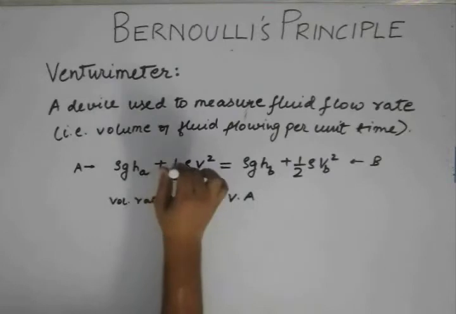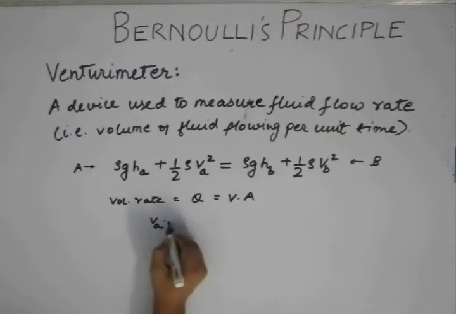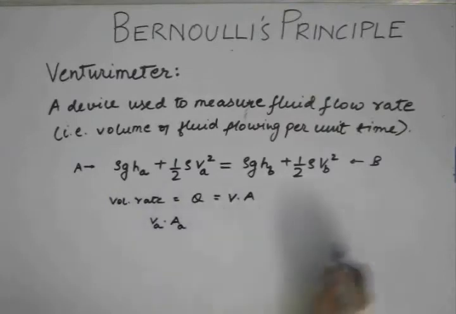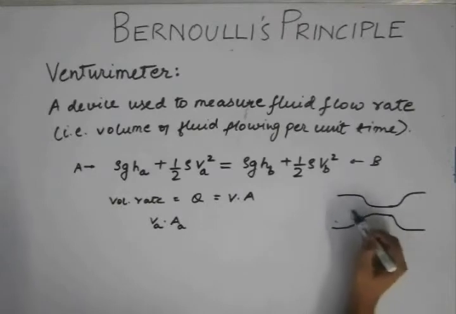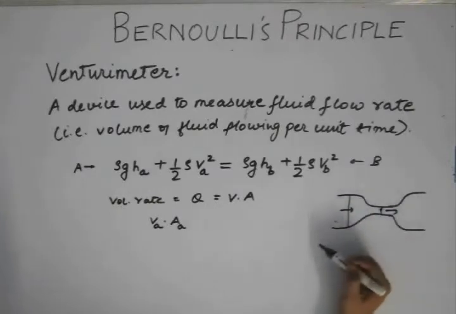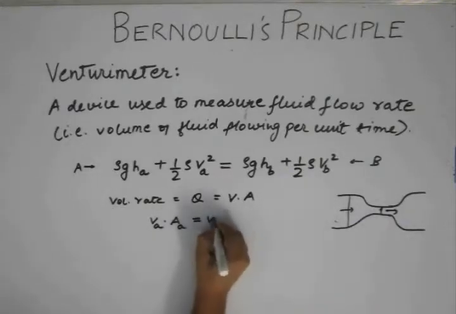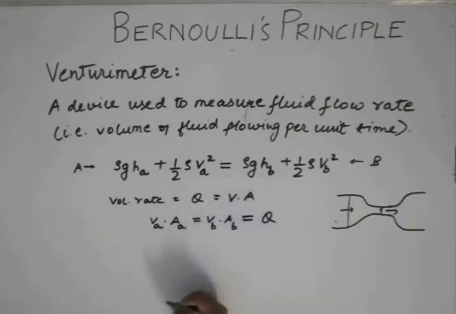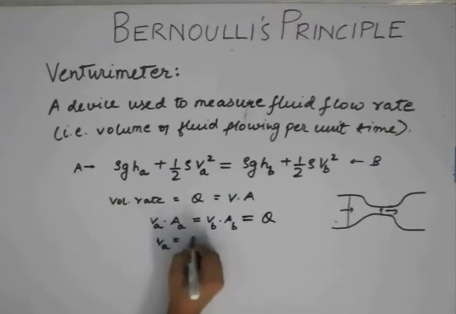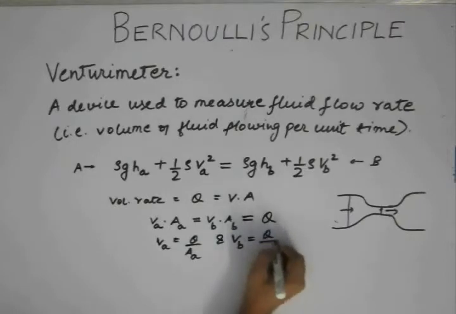Now, for this part, if v is vA and area of cross-section is AA, the volume rate has to be the same because we are conserving mass here; whatever mass comes through this has to exit through this. Basically, that is the equation of continuity. This is going to be equal to this, and both are equal to Q. So vA is going to be Q by AA and vB is going to be Q by AB.